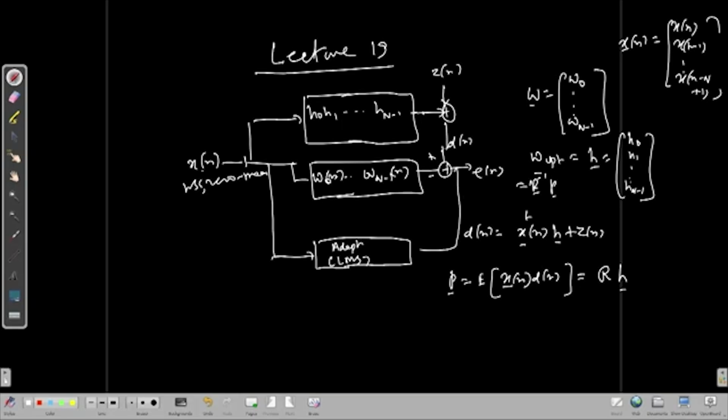You take this En and use the LMS rule to change these coefficients. These are schematics we have shown for adaptive filters. This is forward modeling of an unknown time varying system by an adaptive filter, a general scheme.